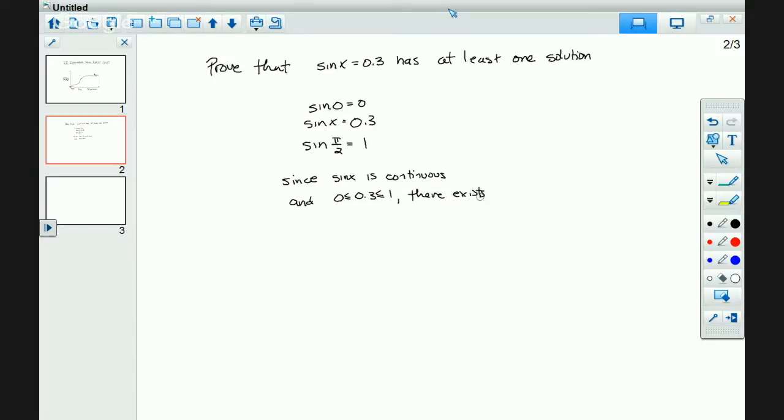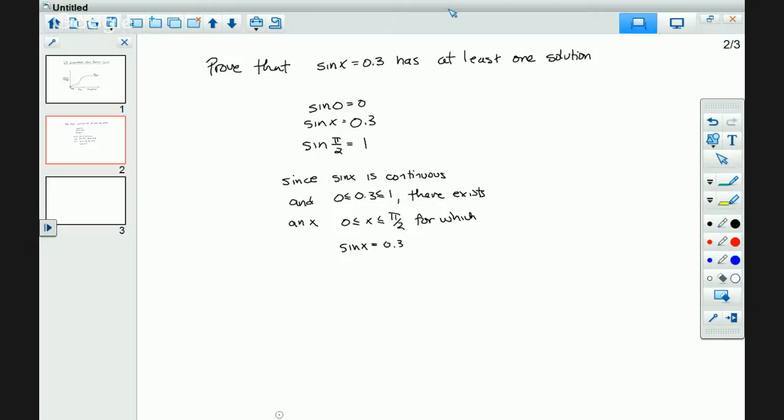There exists an x between 0 and pi over 2 for which sin x equals 0.3. That's what the intermediate value theorem does for us in general.